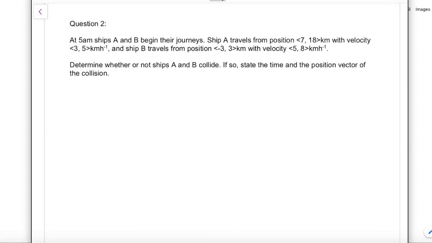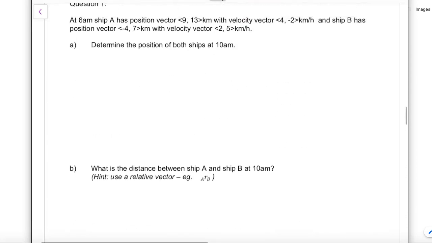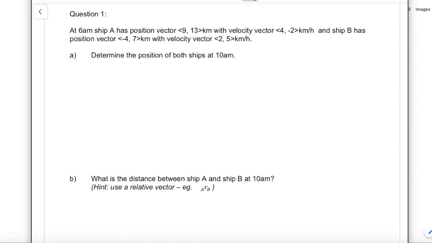So I'd like you to pause the video and have a go at those two questions and come back and check your solutions. Please, in question 1, really take note of the hint, taking into consideration what we know about relative vectors. So using A relative to B, meaning what's the vector of A from B, and that will very quickly find our distance.